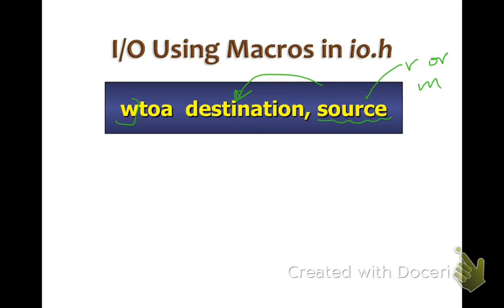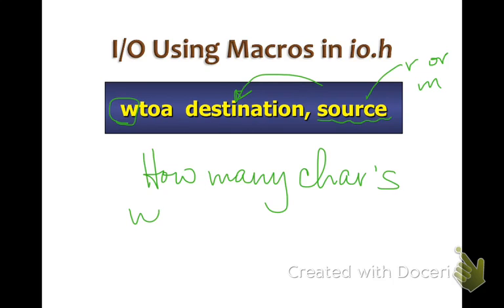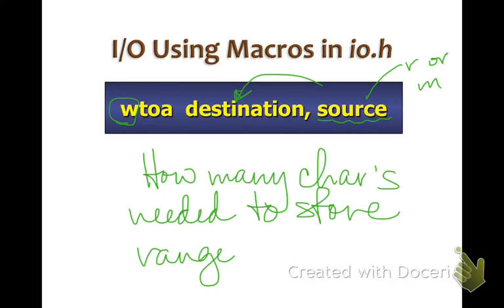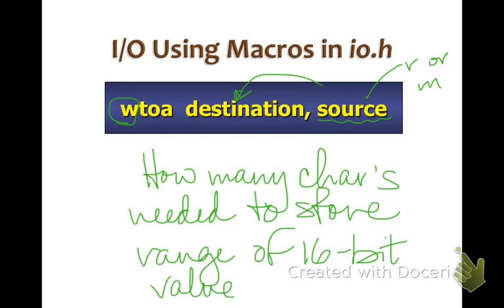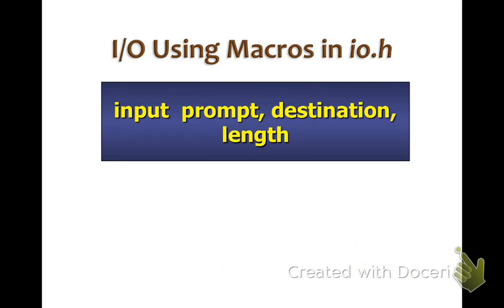Now, for W to A, when it stores it, it has a certain size. How many characters are needed to store the range of 16-bit values as ASCII characters? Okay, again, we'll talk more about that. Class, chance for some great answers.